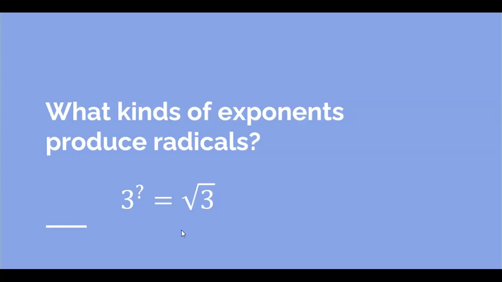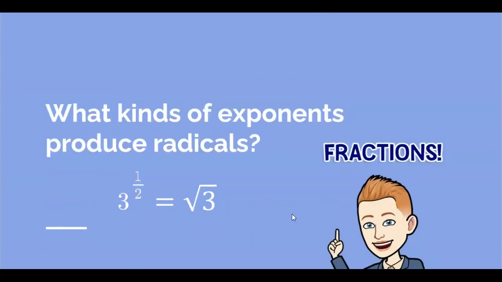Was it a fraction? It was actually a fraction. If you'll recall, we took the denominator of an exponent and we put it into a root. In this case, it would be a root 2, because 2 is on the denominator.